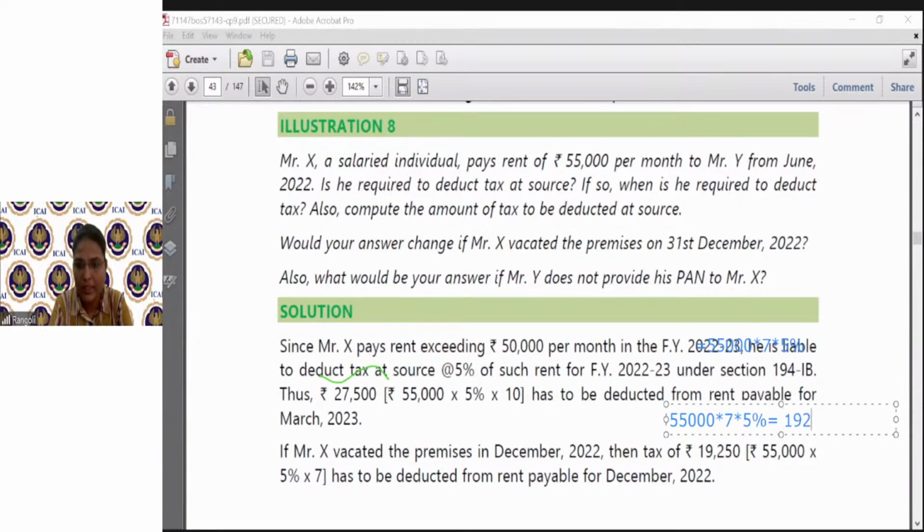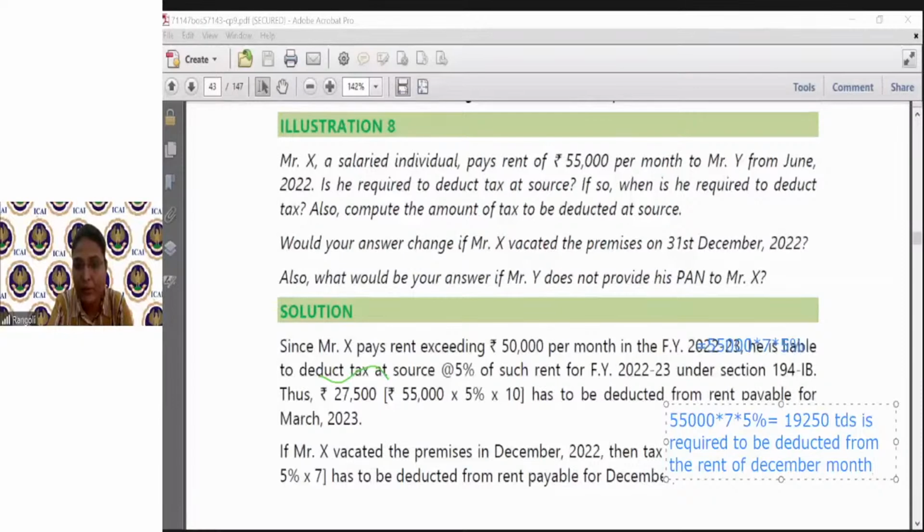So it comes to 19,250. So 19,250 TDS is required to be deducted from the rent of December month. That is the rent of the last tenancy month.